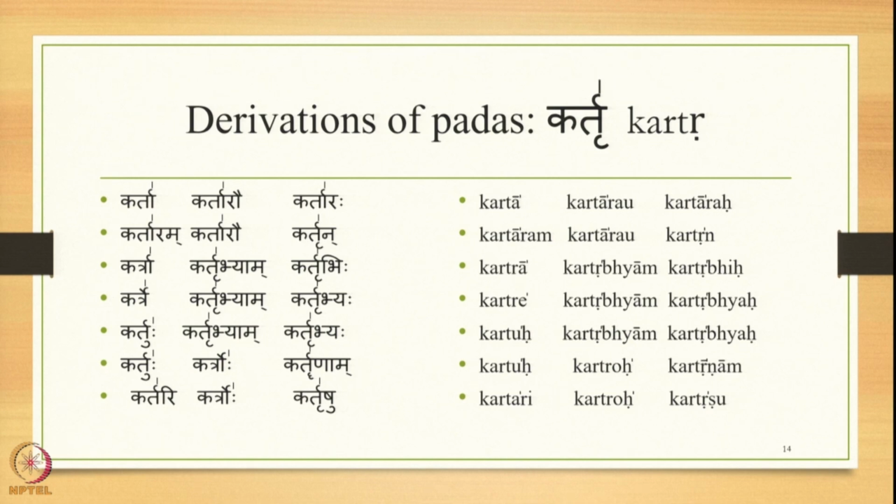In this case the initial vowel is udatta, so the other vowels they are anudatta. So here we have kartra, in which the initial vowel is udatta, this vowel is anudatta, kartru, followed by another anudatta vowel a.